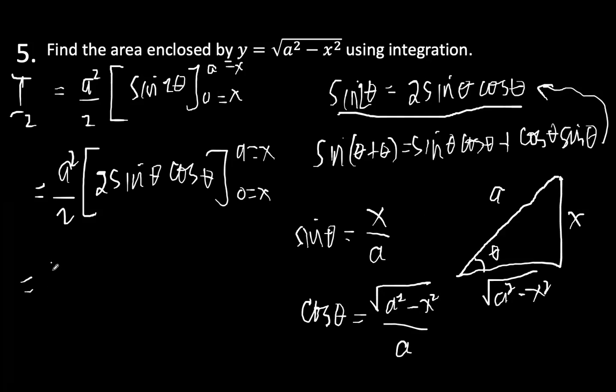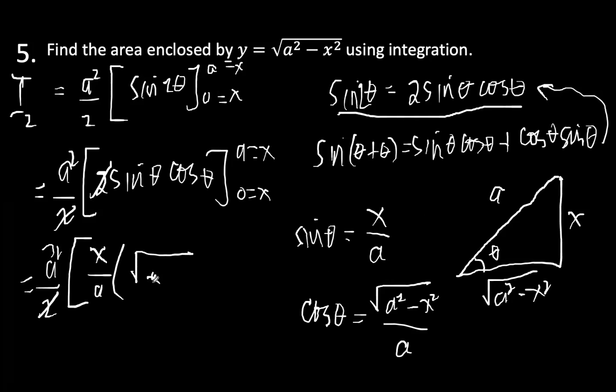So we have a square over 2. Oh, I can cancel this now. So this a square times x over a times the square root of a square minus x square over a, evaluated from 0 to a.